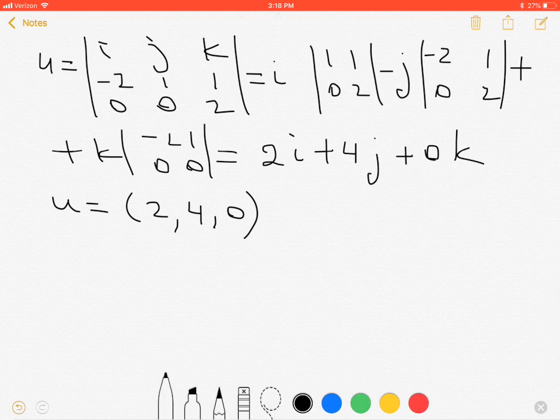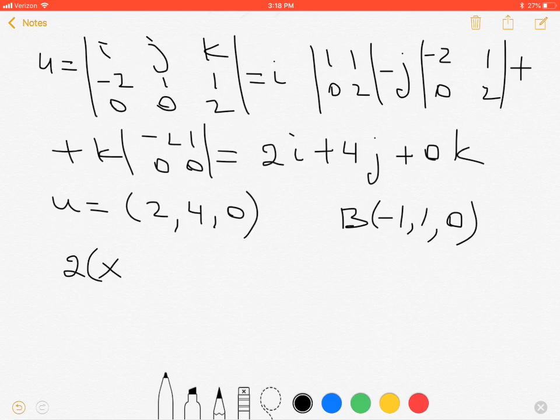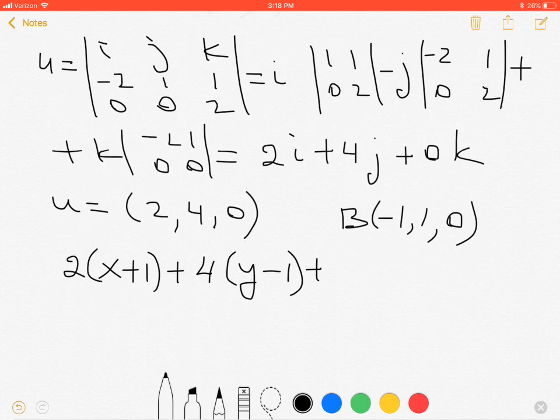Then take one of your points, whichever is more comfortable for you. For example, point B with coordinates negative 1, 1, and 0. We can build the equation of our plane. It will be 2 times (x subtract negative 1) plus 4 times (y subtract 1) plus 0 times (z subtract 0).